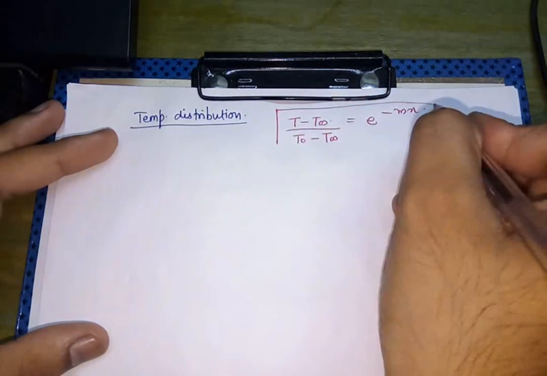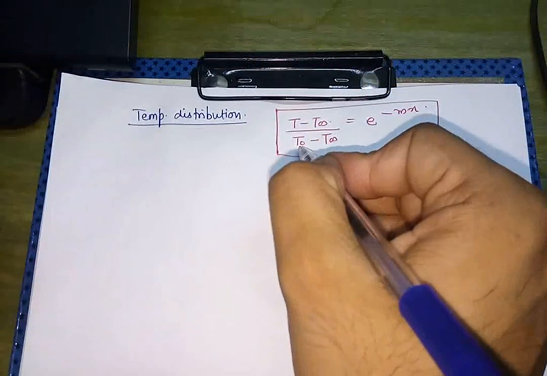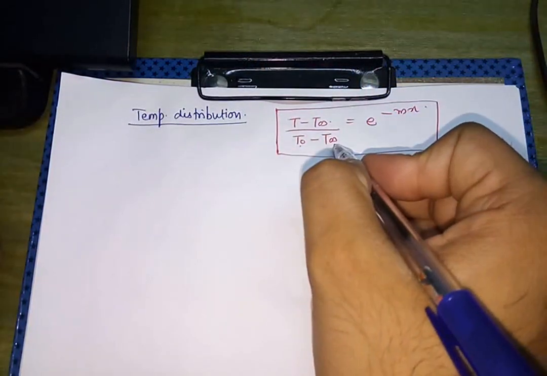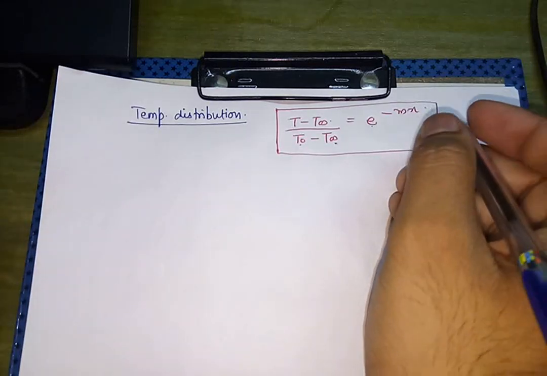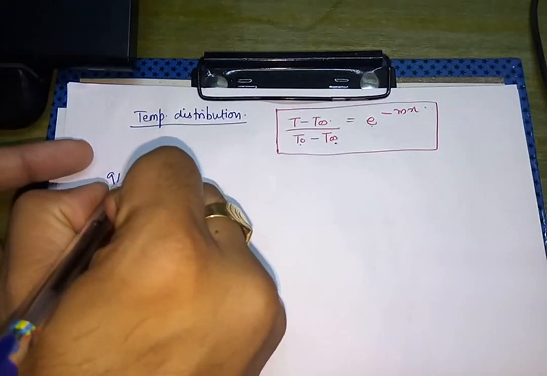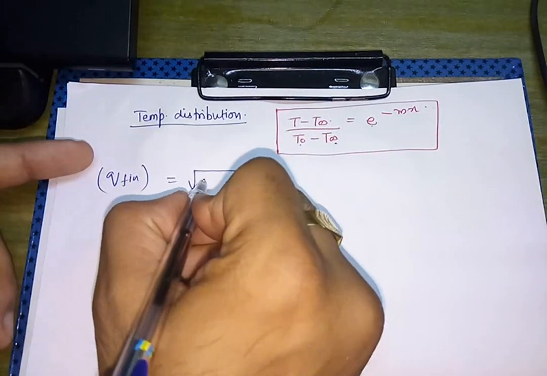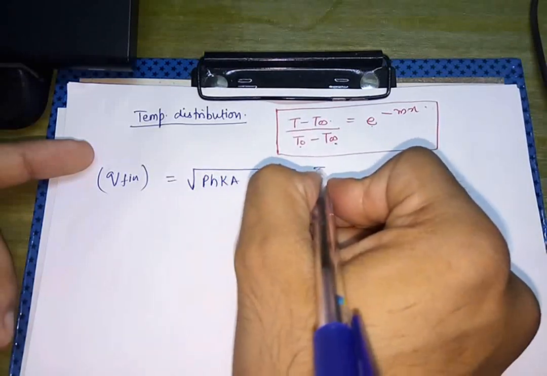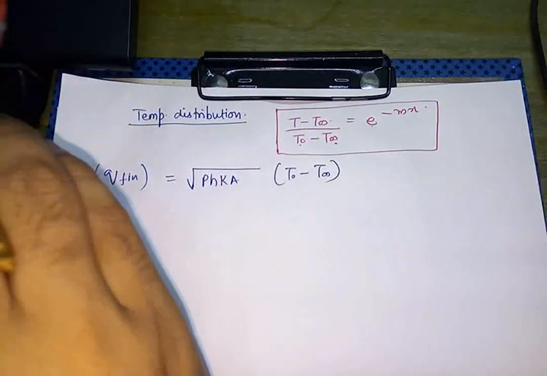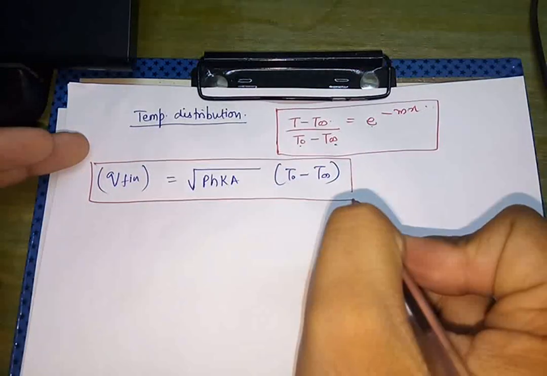This will be the temperature distribution for the rectangular fin, where T naught is the temperature of the base or the root, T infinity is the temperature of the ambient.